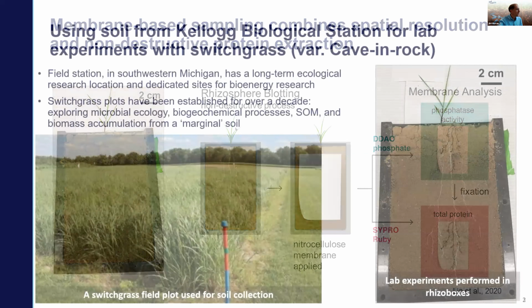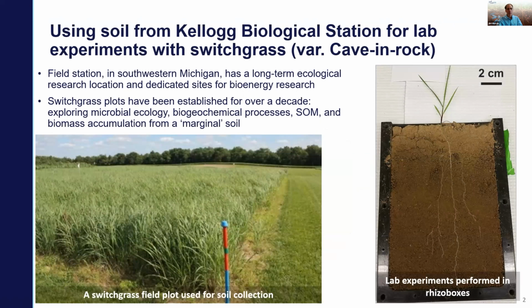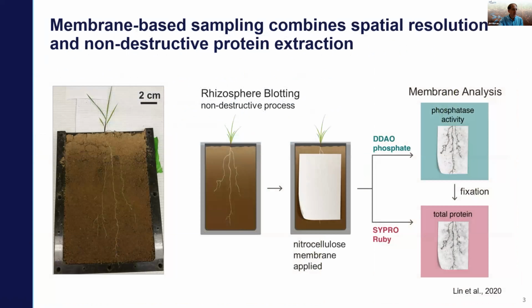With that background, I want to jump into some of the work we've been doing trying to map enzyme activity, and also looking specifically at proteomics analysis of the rhizosphere. Here's the first example. I mentioned the rhizobox; here's an example of the rhizobox on the left.